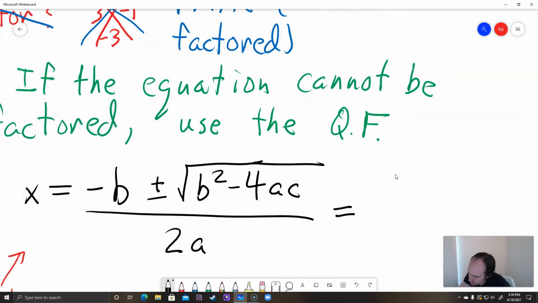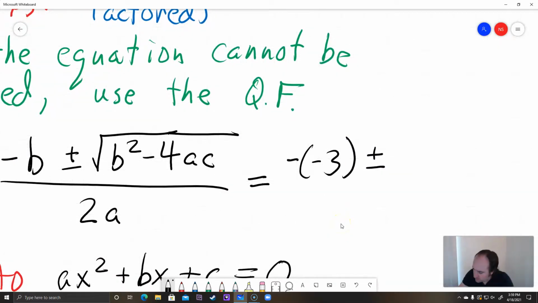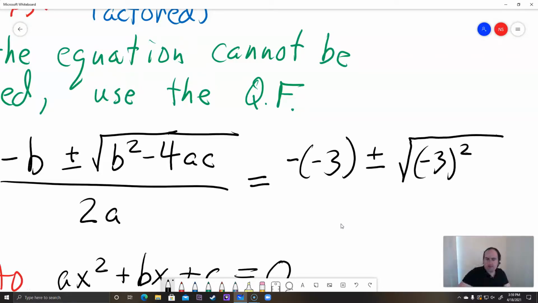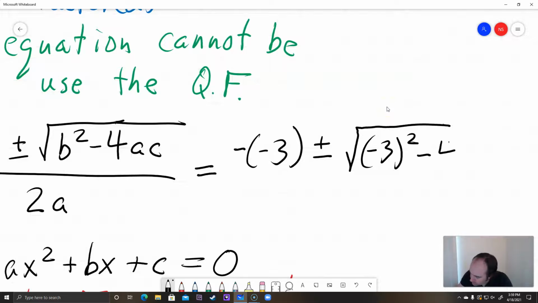Okay, so this one's going to look like negative of negative 3 plus minus the square root of b squared. Okay, and we're going to talk about plus minus a little bit more later. But it's going to be the square root of b squared, so that's going to be negative 3 quantity squared minus 4ac, so that's going to be minus 4 times 1 times negative 3, right?